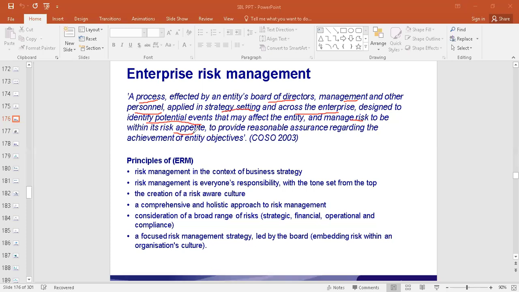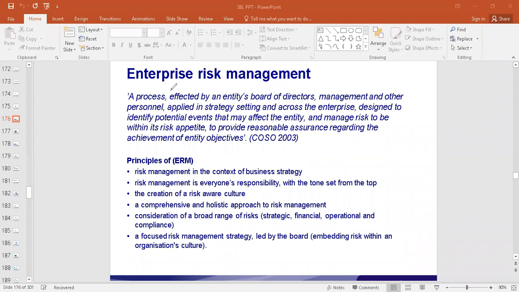The process would be identifying the potential risk and the impact that these events can have on the organization, ultimately to ensure that the organizational objectives are achieved. Definition wise it looks very big, but when we split that, it is not such a difficult thing, it is easy to understand.